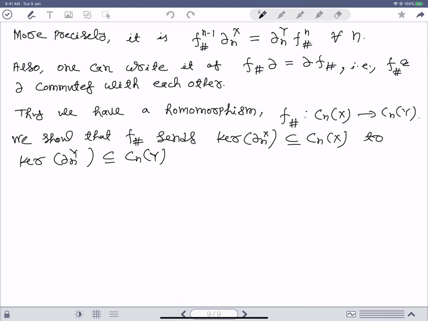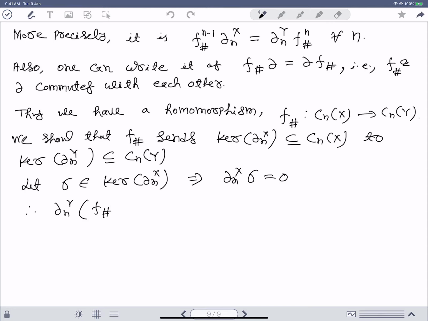Okay, why is it? This is also simple. So first of all, let sigma belong to the kernel of del n x. That means del n x sigma equals 0, right? Now what about del n y f hat sigma?